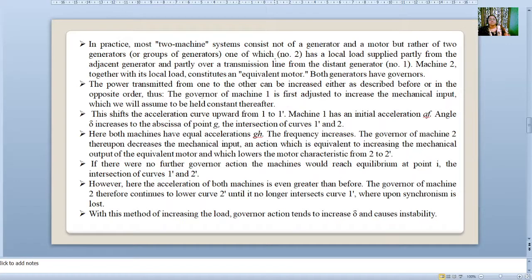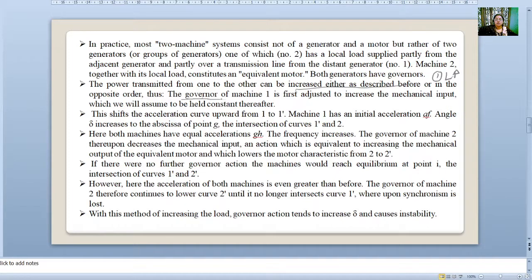The power transmitted from one to the other can be increased either as described before. We have seen power transmitted from one to other can be increased, either as described before, which means first case, increasing the shaft load.